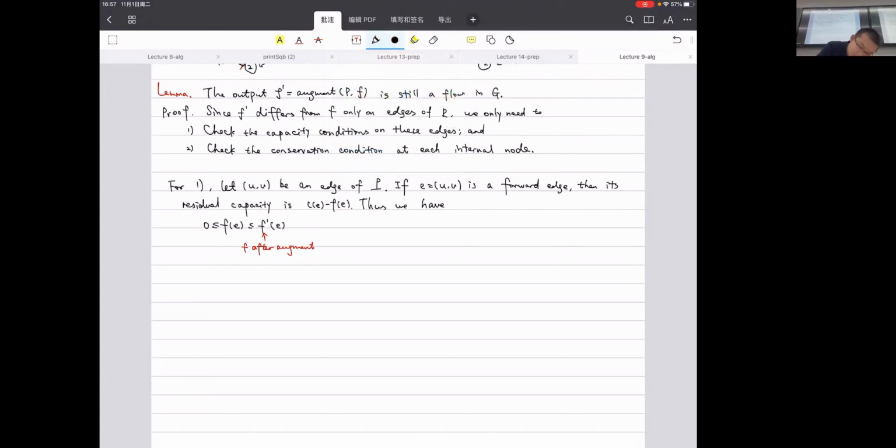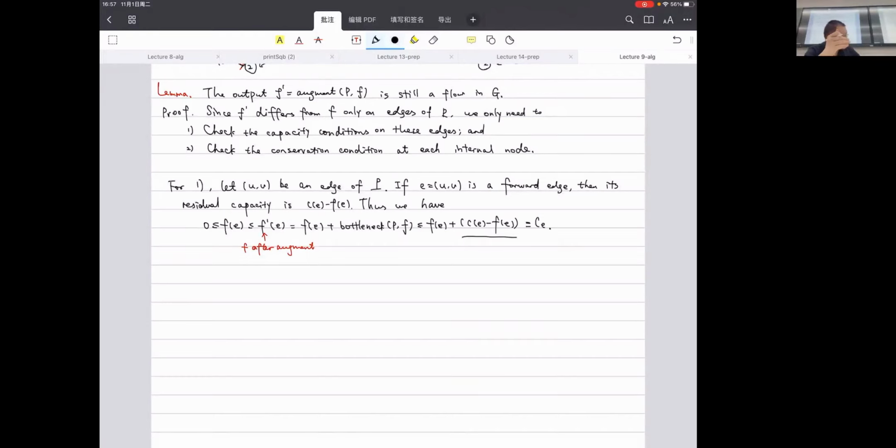So F prime e is going to equal f_e plus the bottleneck of P, F. But according to the definition of bottleneck, and since we are considering a forward edge, this is smaller than or equal to f_e plus c_e minus f_e, and this equals c_e.